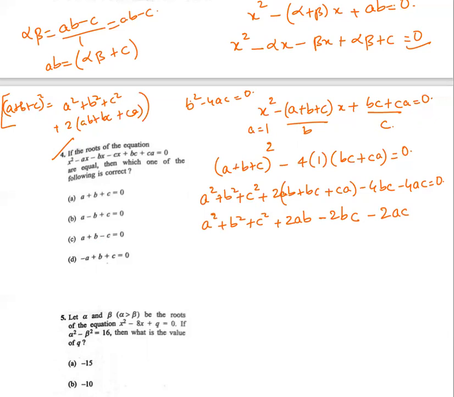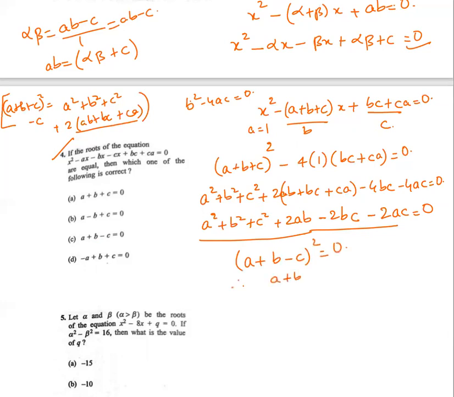Just open the brackets and add these terms. So now students, you can see here, this c term is negative, right? If I change here c as negative c, so wherever we have c, in 2ab term, this term c is negative. So therefore, I can write this complete thing as a plus b minus c whole square equals to 0.